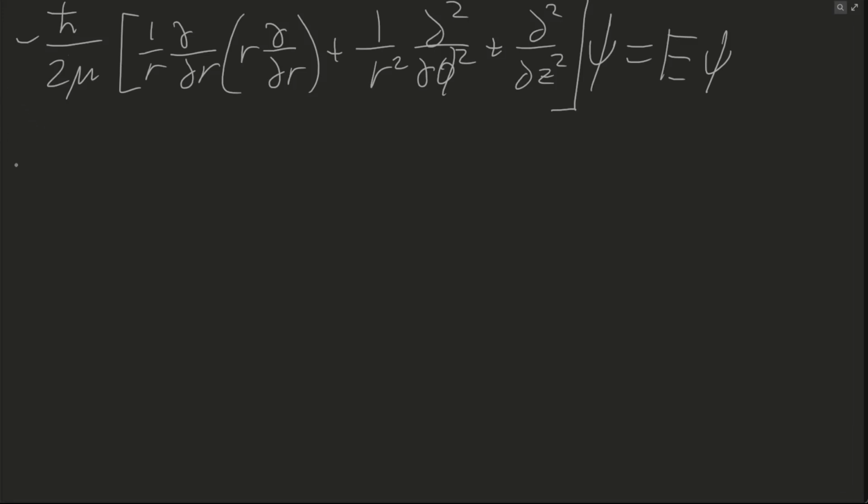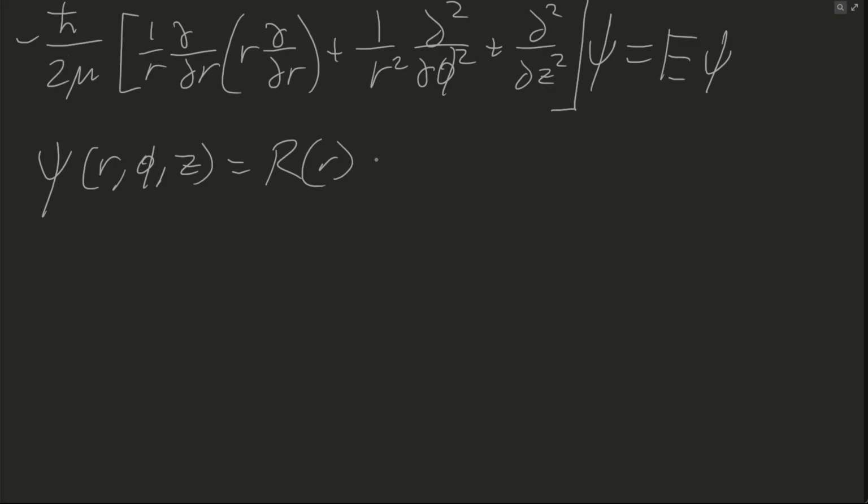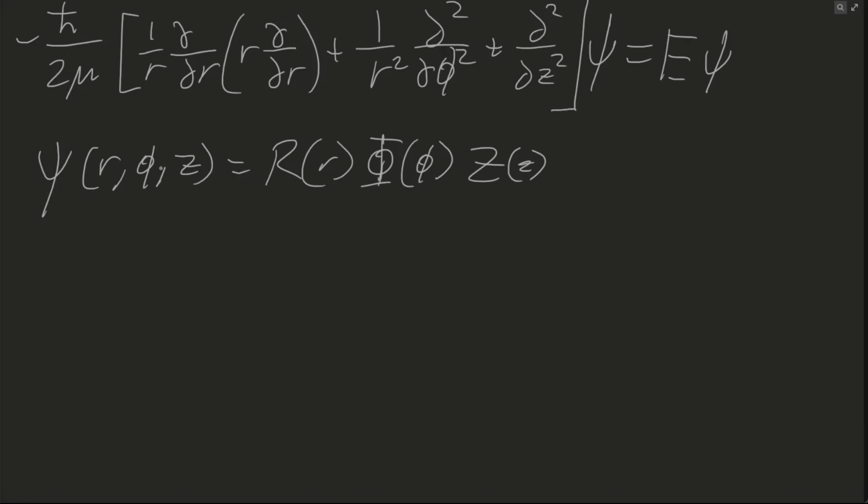If we take our spatial function in terms of r, phi, and z to be some R, which takes little r, times a big phi, I'm going to draw my big phi like that, which takes little phi, and then Z, which takes little z, we can sub this into the above equation and divide everything by that so they cancel.